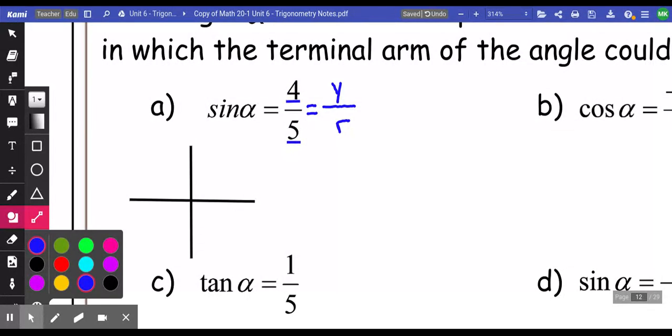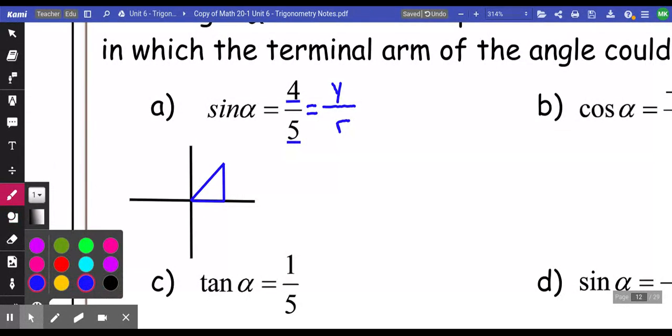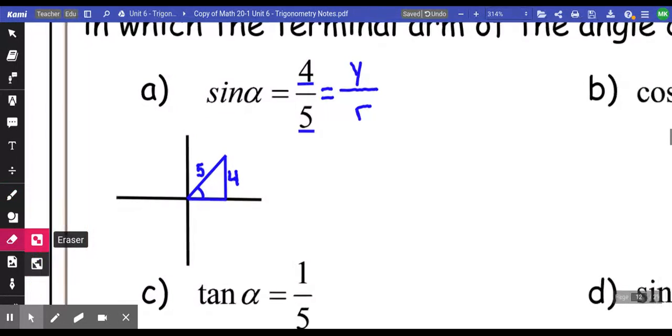If I draw it like this, that triangle has an r value of 5 and a y value of 4. And this in here is alpha.